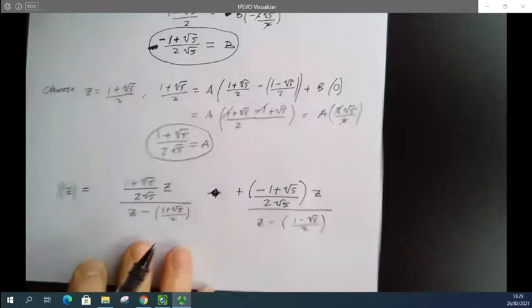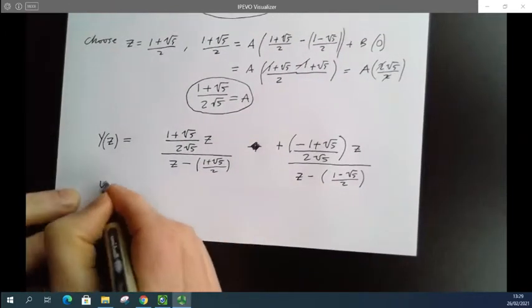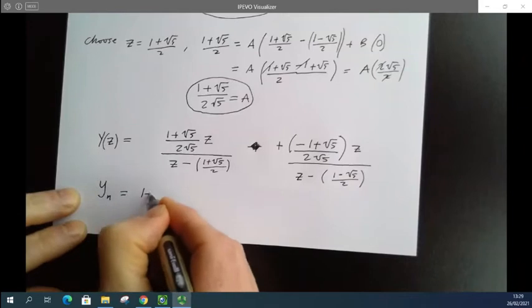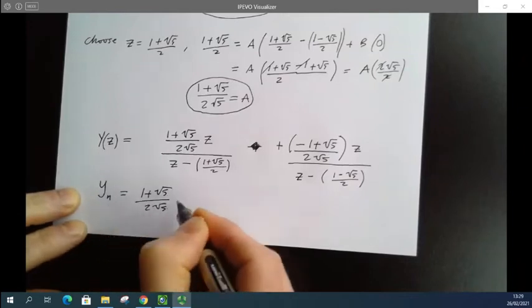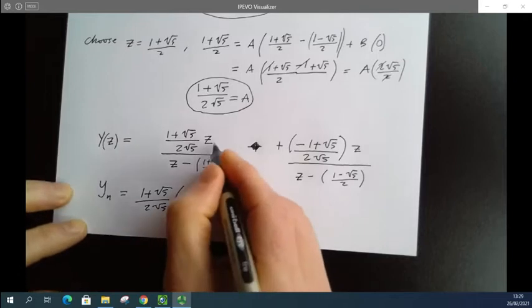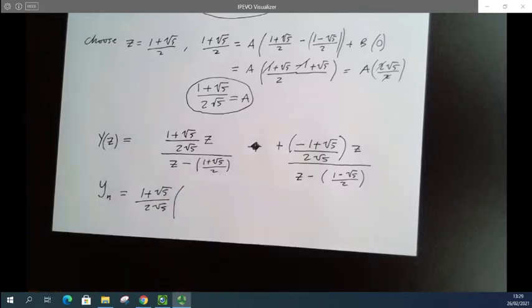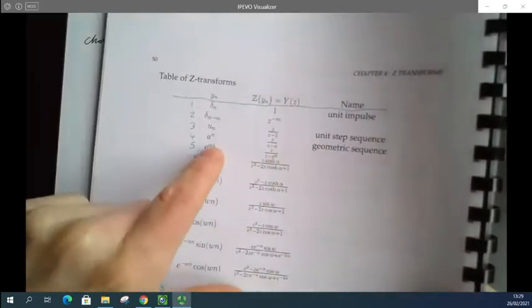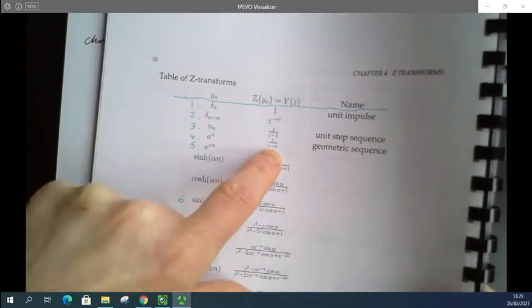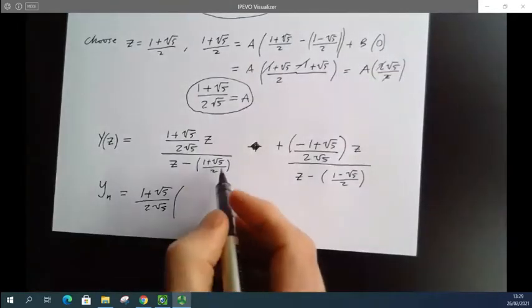Okay, and now we can get the inverse Z transform of both to find y. N will be 1 plus root 5 over 2 root 5 times z over z minus that, according to my table of z transforms, is a to the n, where a is the thing in here. So that a must be 1 plus root 5 over 2.